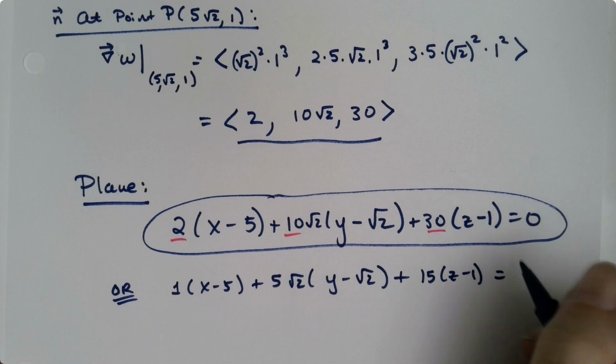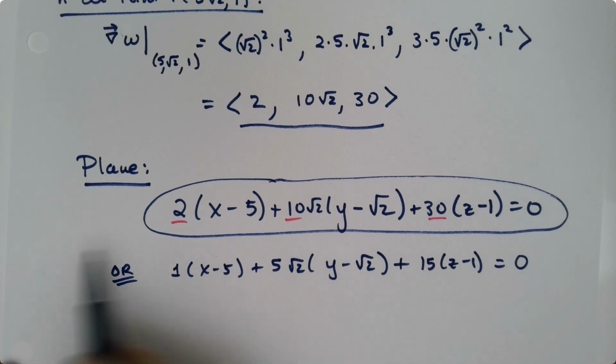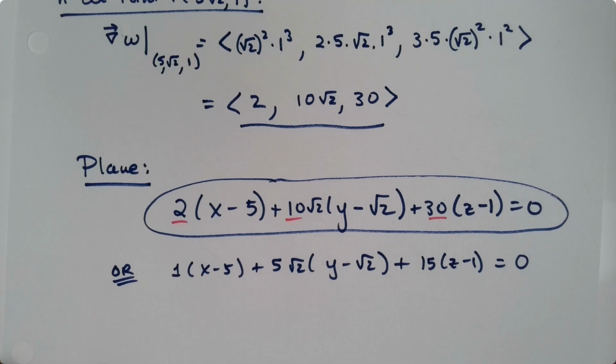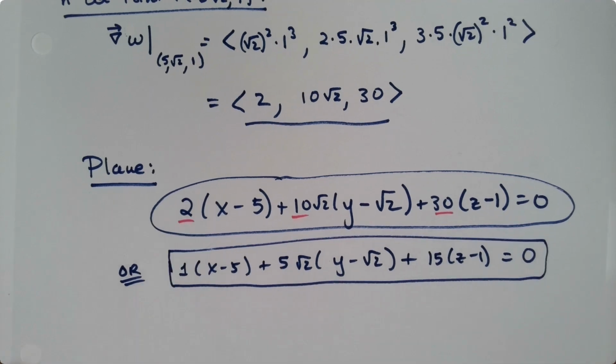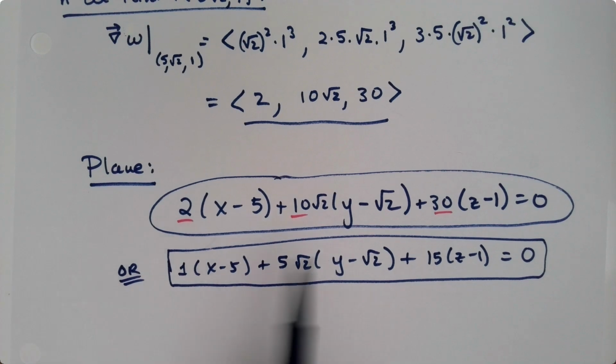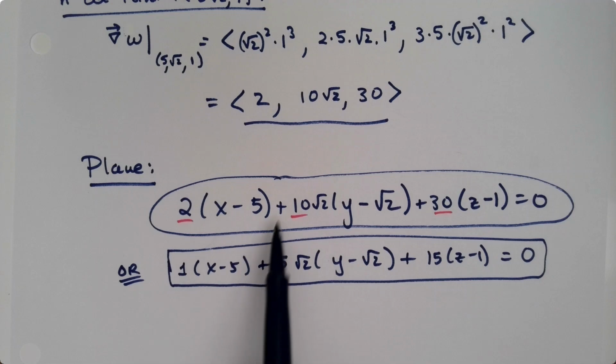And 0 divided by 2 would still be 0. So in other words, we're just dividing everything by 2 because we can. It doesn't make it any different. It's still the same answer. It would still be the same plane. For whatever reason, sometimes people like to simplify it a little bit and make the numbers a little smaller, which is fine.